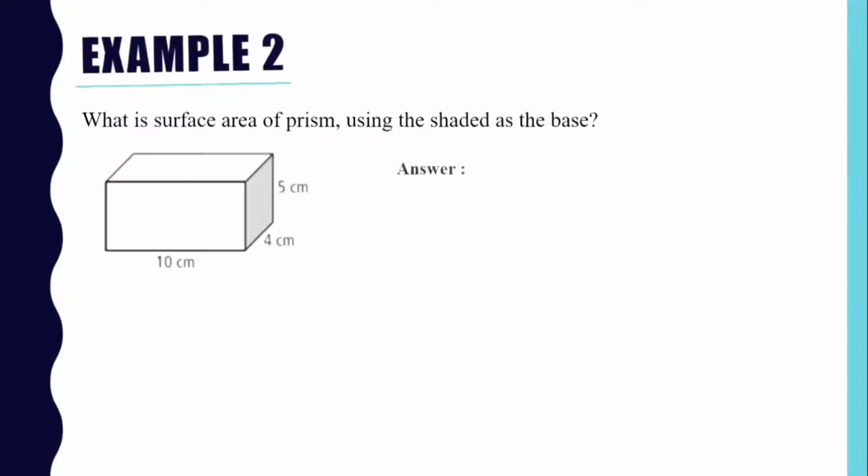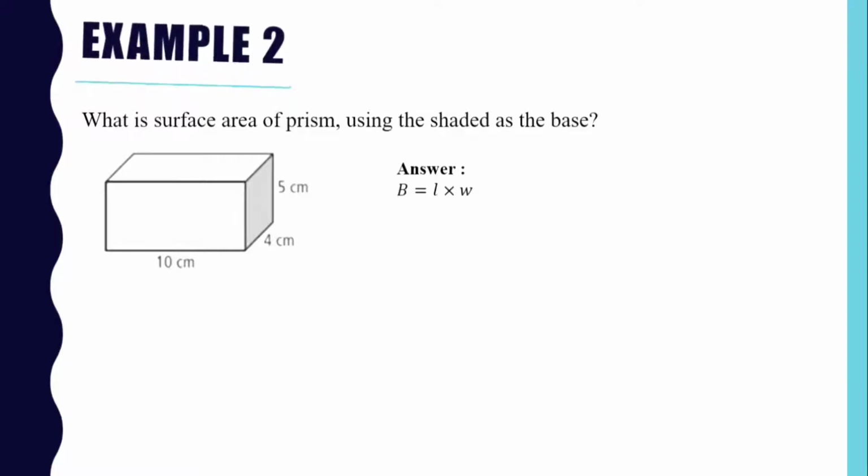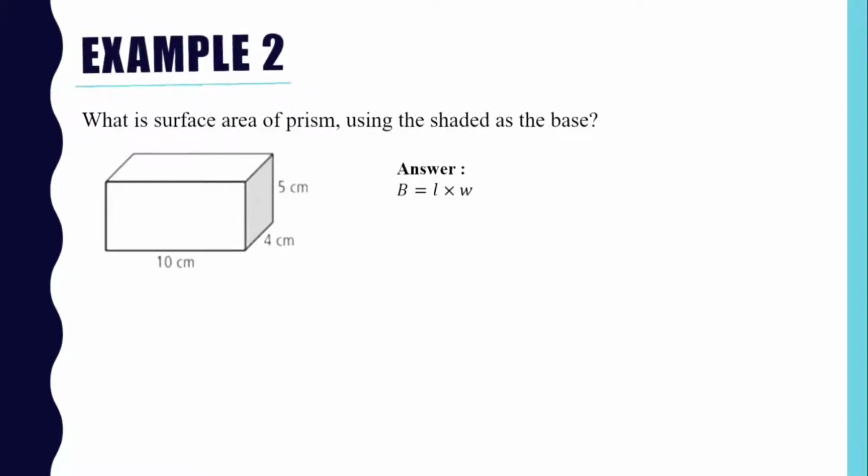Example 2. What is the surface area of the prism using the net as the base? The answer: from the picture, this is a rectangular prism, so the base is a rectangle. So the area of the rectangle is length times width equals 4 times 5 equals 20 centimeters square.